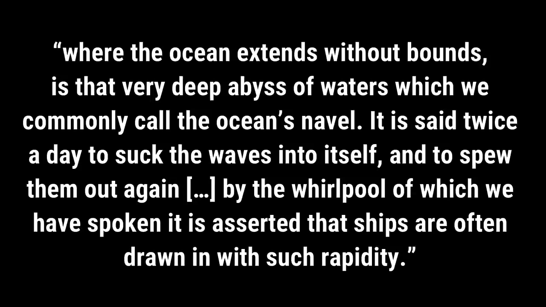It is said twice a day to suck the waves into itself and to spew them out again, by the whirlpool of which we have spoken, it is asserted that ships are often drawn in with such rapidity.